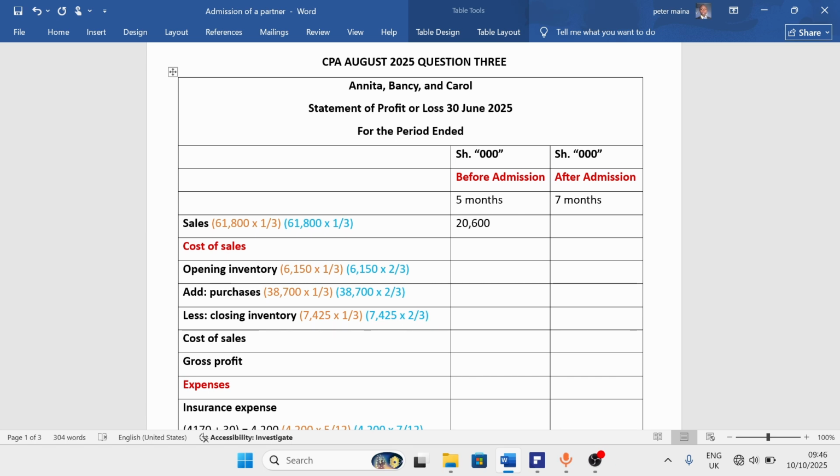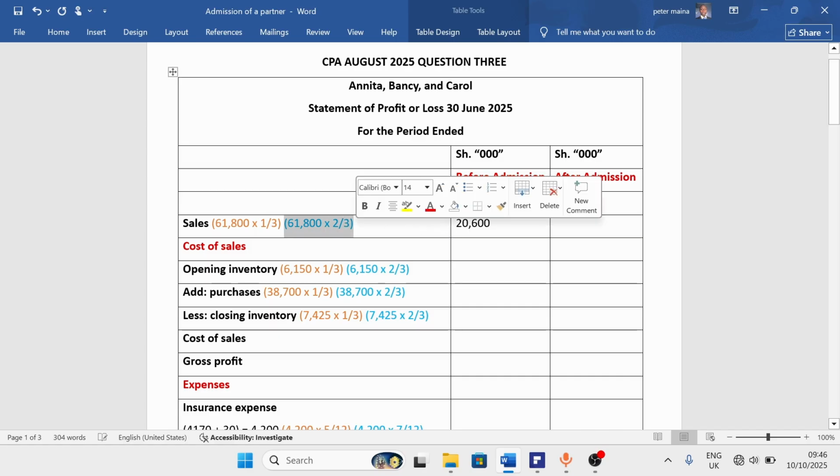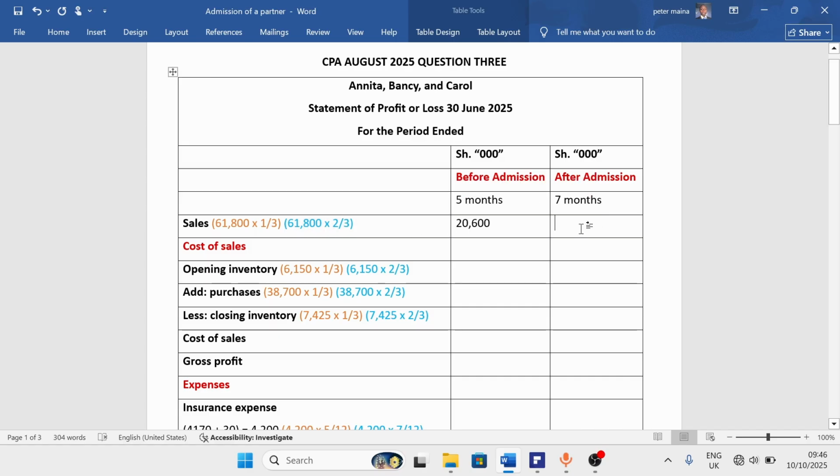And then for the next period, we are going to take 2/3 of 61,800. That is the period after admission. So 61,800 multiplied by 2 divided by 3 is giving us 41,200. So that is how we apportion the sales.